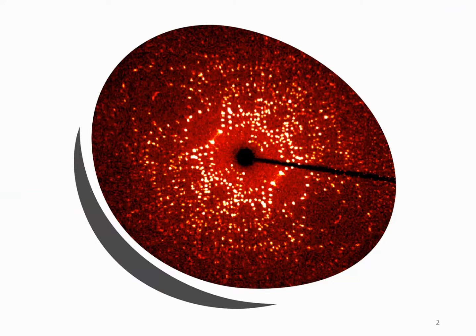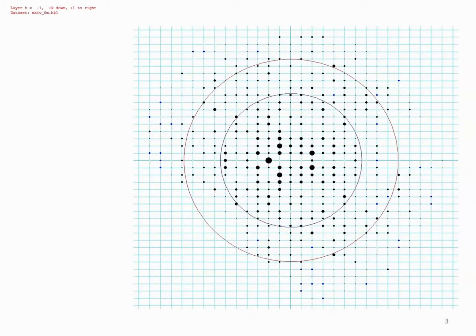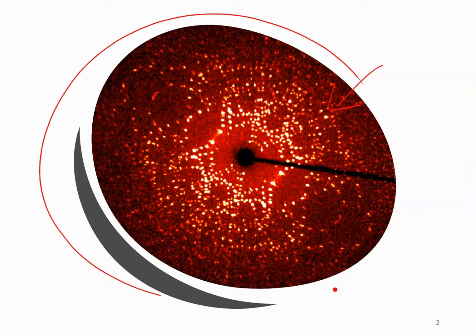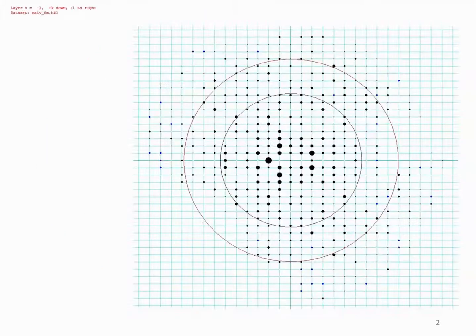So this is the picture of the diffraction pattern. From this reflection pattern, we can get the information of the reciprocal lattice instead of the real lattice. This is the diffraction pattern that we collect directly through the camera, and then we digitalize it into this form.